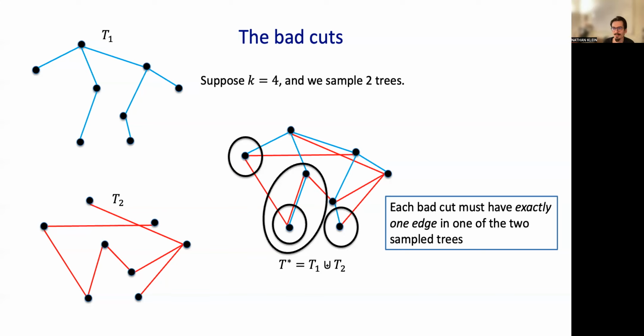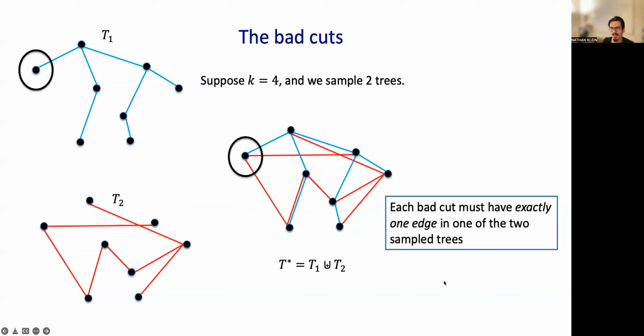This immediately tells me that I need not worry about more than 2 times n minus 1 cuts, or order k times n cuts in general, as this is the maximum number of possible cuts with only one edge in some spanning tree. So while it's true that before sampling, I'm worried about all 2^n cuts, after sampling, the number of cuts I need to check is at most order of k times n. And if we personify these bad cuts for a moment, we can imagine that they might blame the trees which have only one edge across them.